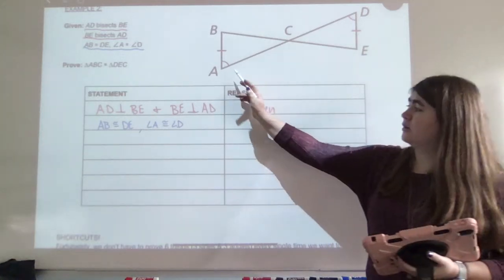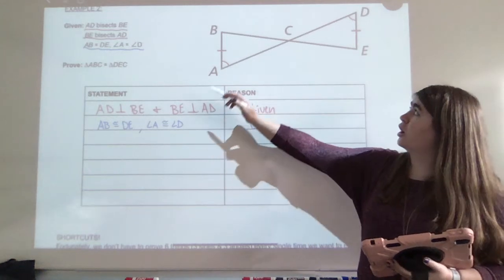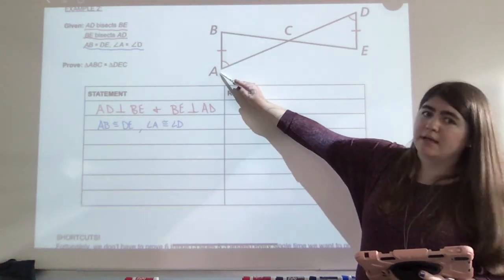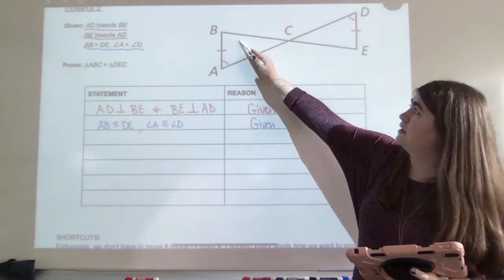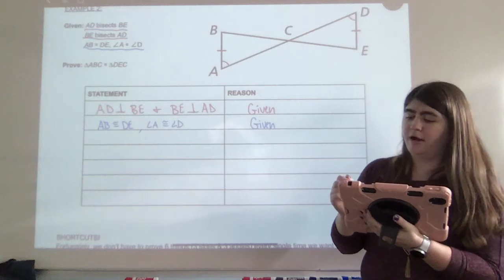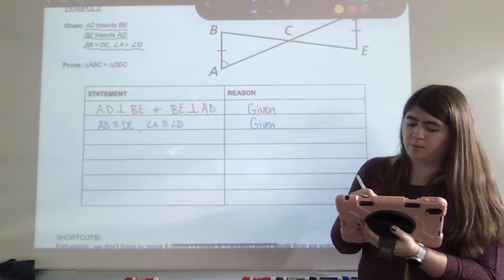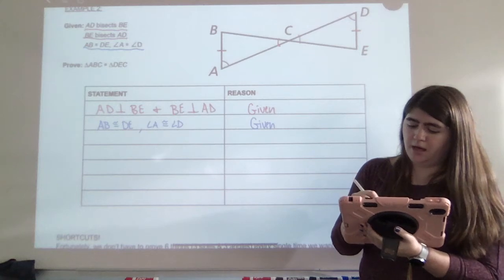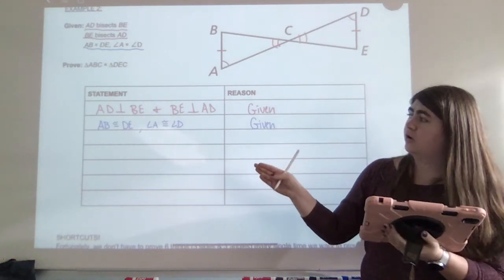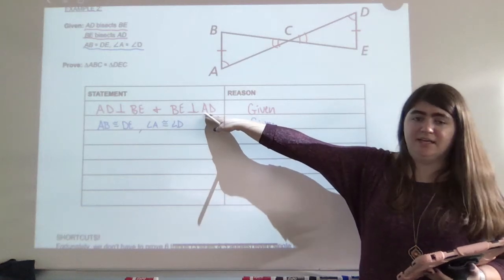If I already know angle A and angle D, that's covered. Now I need to show that angle ACB would be congruent to angle DCE. And we are able to show that those two angles are congruent because we know that AD bisects BE and BE bisects AD.